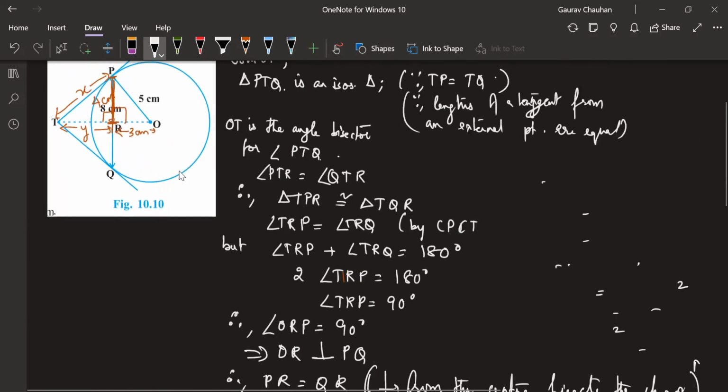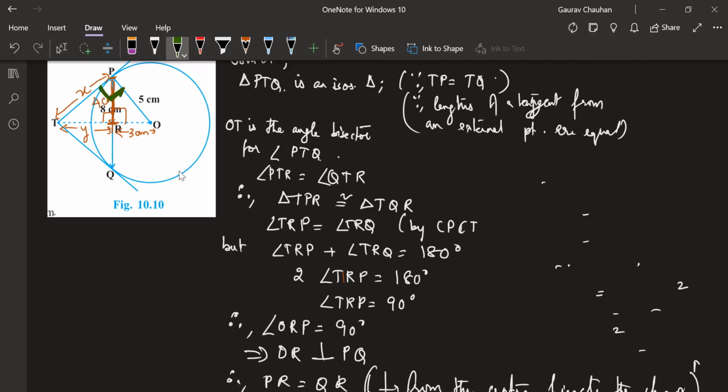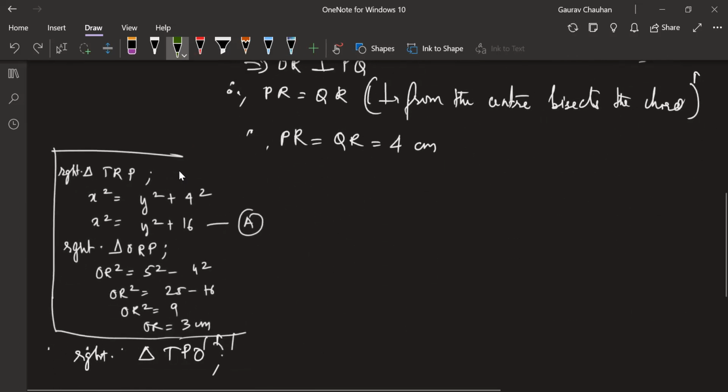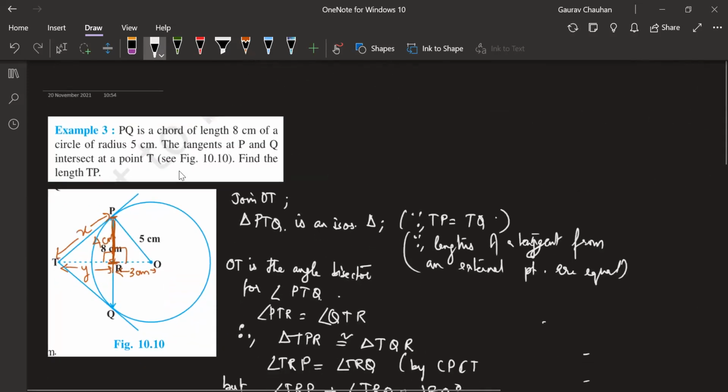We have TP square, that's x square. Now if you notice, here the right angle is at P. If you want, you can write that step earlier, or you can just write that step here. How is this a right triangle?